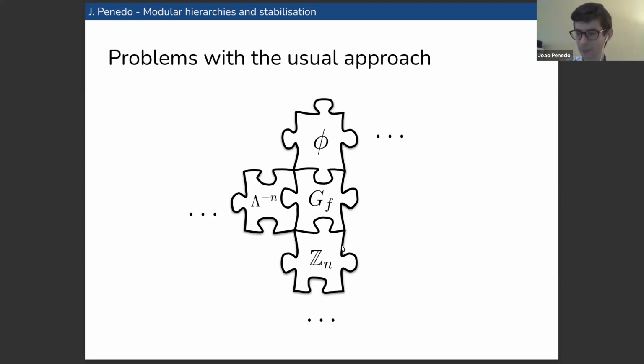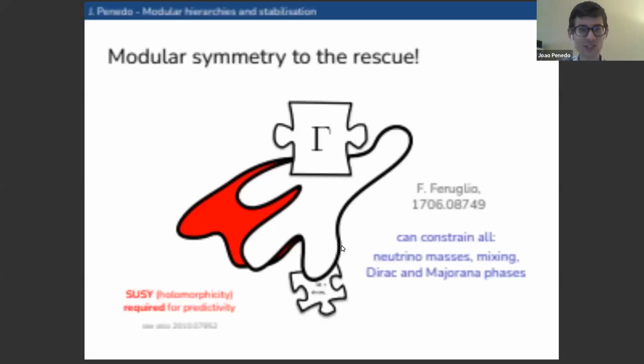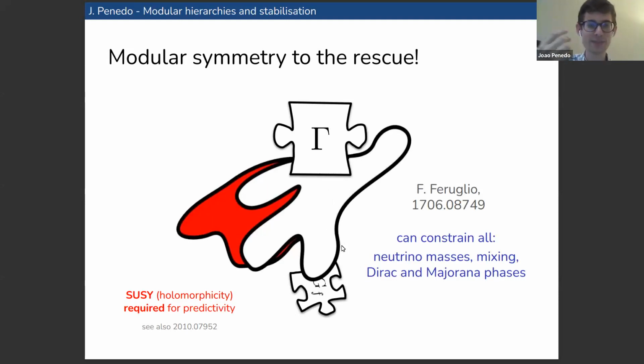flavor symmetry. So the approach of modular symmetries is kind of a generalization of the flavor symmetries, the traditional ones, and it kind of comes to the rescue to, let's say, generalize this paradigm to get rid of some problems with the traditional flavor symmetries.